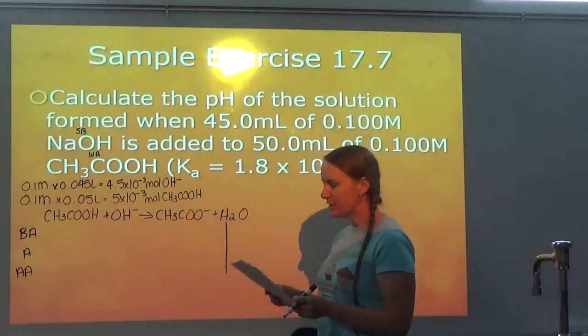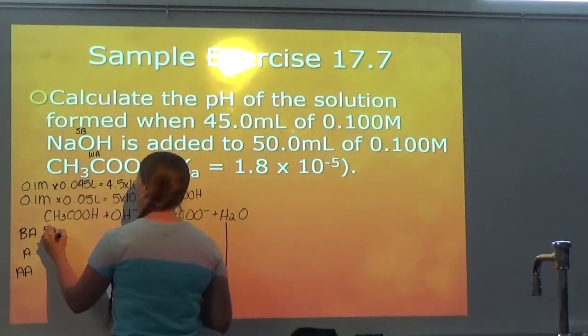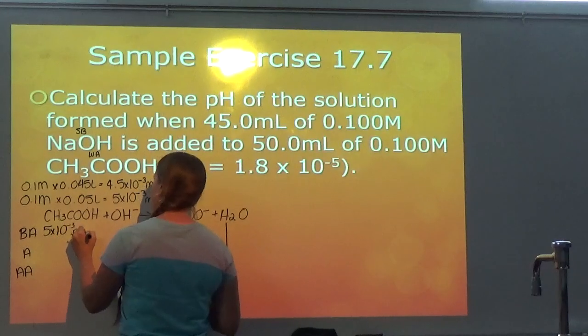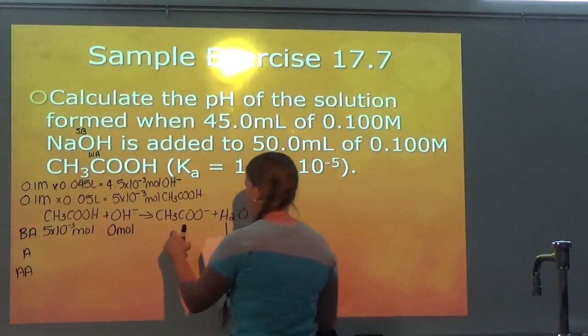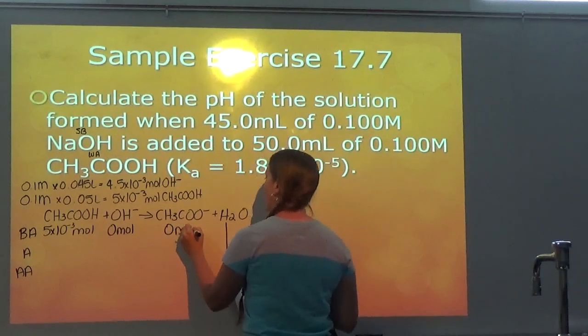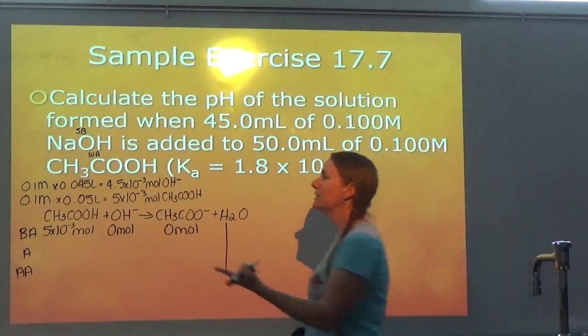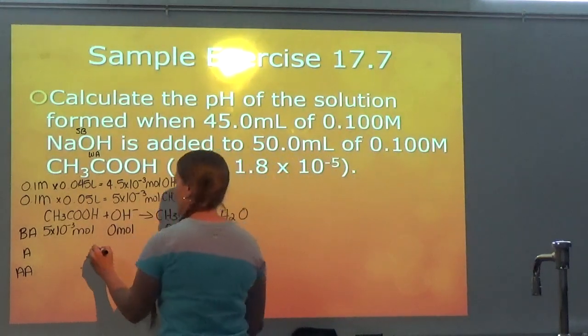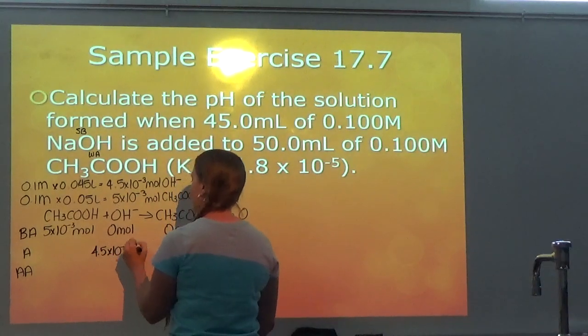All right, so we start in the beginning. We have 5 times 10 to the negative 3 moles of my acid. In the beginning, I have 0 base, and it did not tell me anything about having the conjugate, so I also have 0 of that. My addition was I added this much base. So this was my addition. But remember, it's going to be used up.